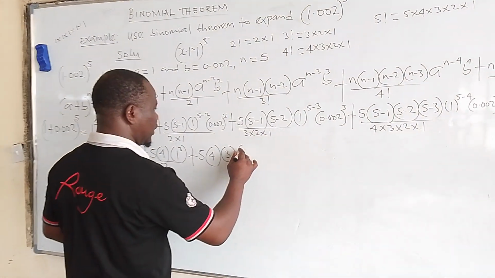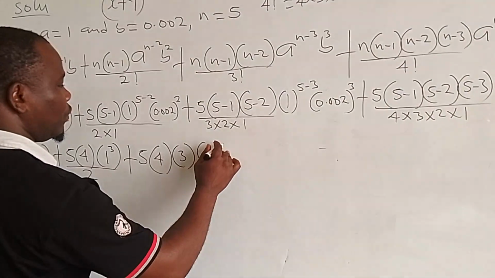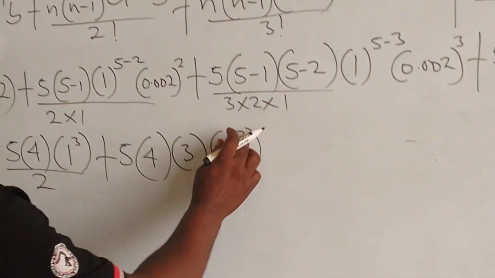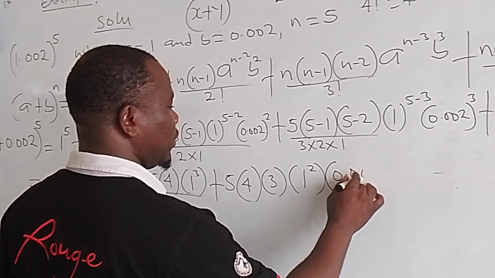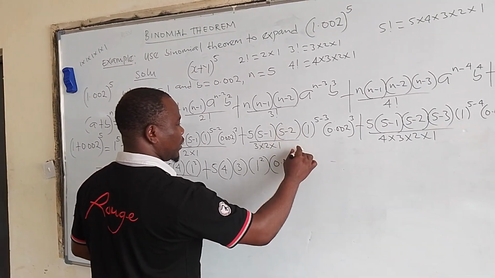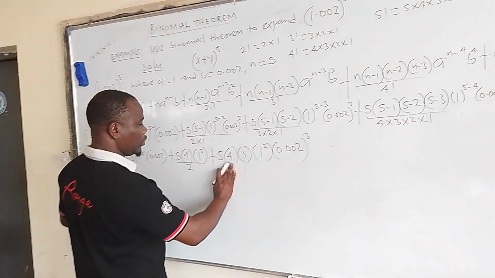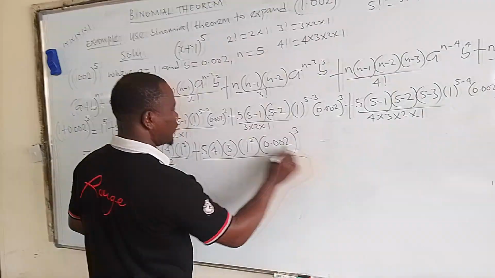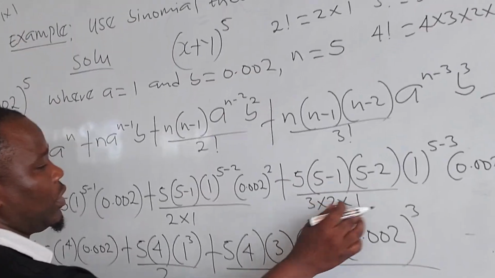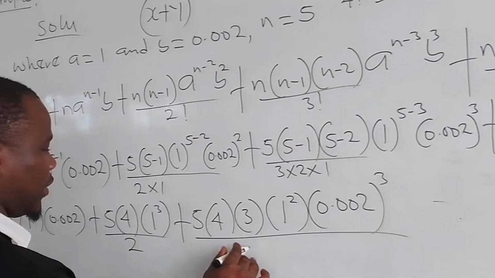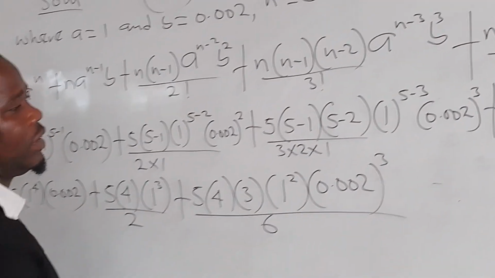Will give us 2, isn't it? So 1 raised to the power of 2 times 0.002 all in bracket raised to the power 3. I told you, don't forget the factorial, which is this. So 3 times 2 times 1 will give us 6. Here will give us 6.